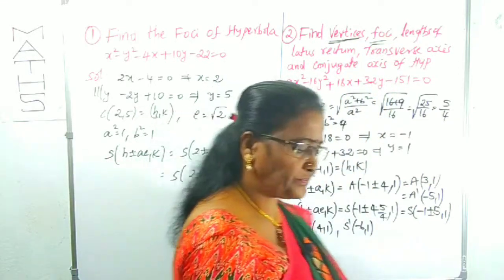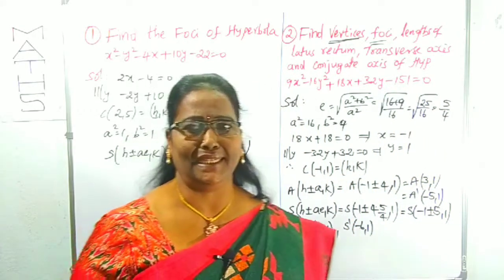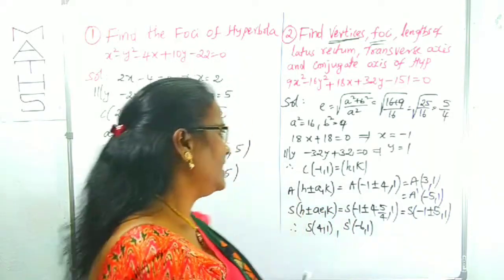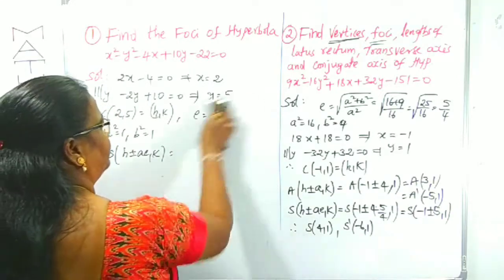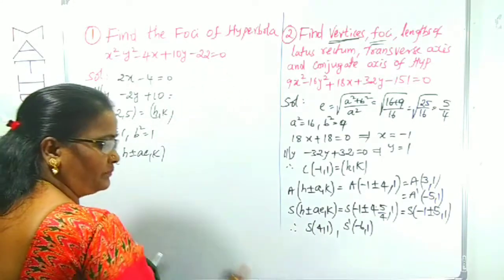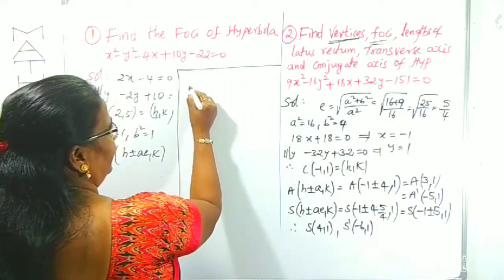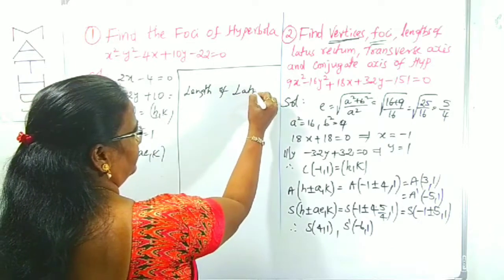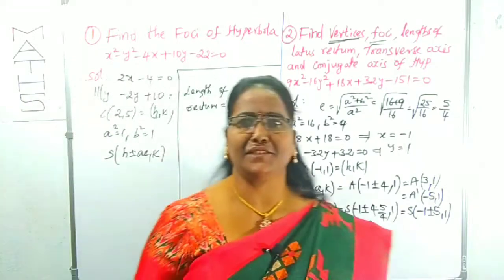Next, what is asked? The lengths of the latus rectum, transverse axis and conjugate axis. What is the length of the latus rectum? I will do it here. In the case of a transverse hyperbola, what is the length of the latus rectum?